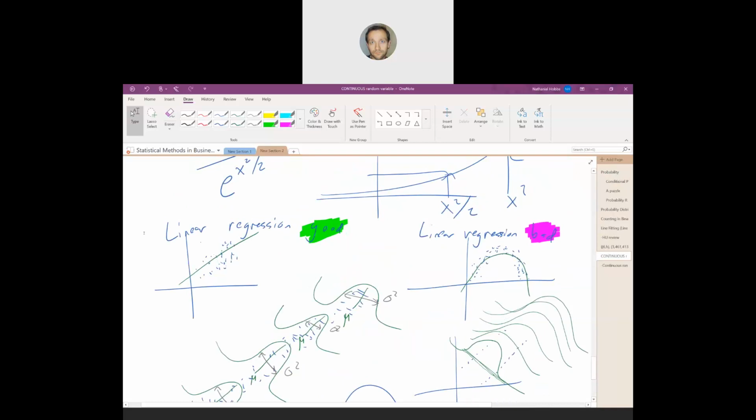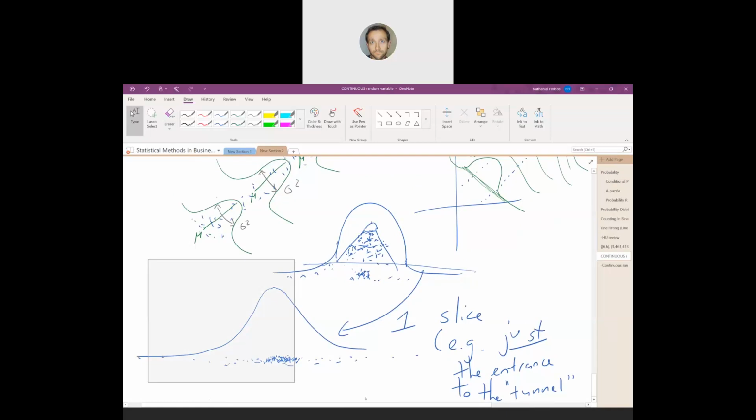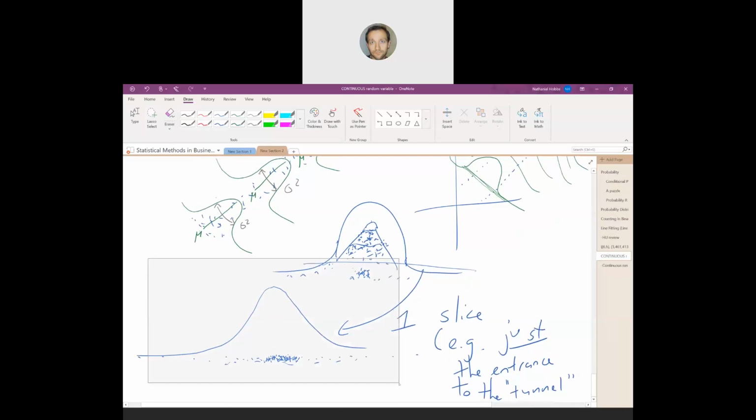And it turns out that if you find a best fit line in the way that I described, it's doing the exact same thing as if you have a completely different picture in your head, and you're not thinking about lines, you're just thinking about these curves and normal distributions.